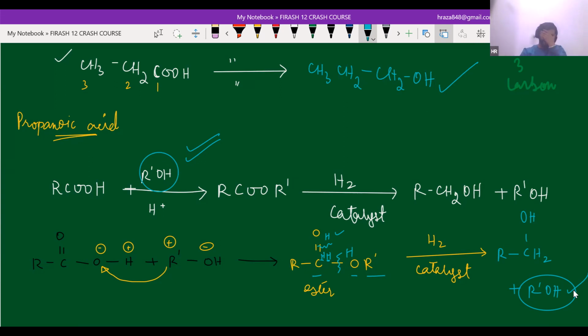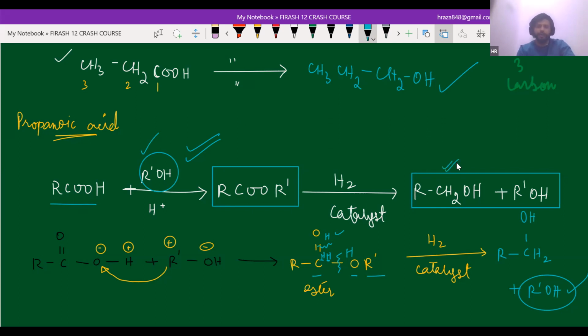Lithium aluminum hydride is expensive, so we use the ester: we react alcohol with carboxylic acid to get the ester, and after reduction of this ester you will get 2 alcohols, the one which you used in the first step, and the required alcohol. Can I change the slide?